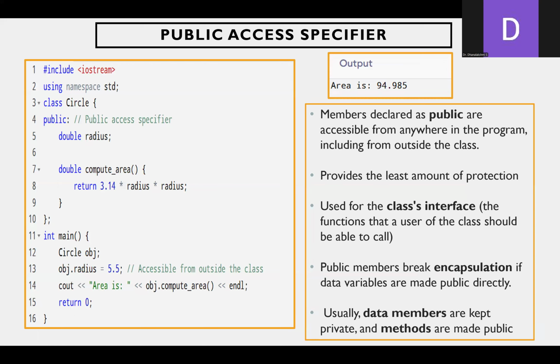Now let's begin with the first category, the public access specifier. When we declare a member of a class as public, it means that it can be accessed from anywhere. As I said in the previous slide, it could be from inside the class, outside the class, through an object of the class, or even by other functions.